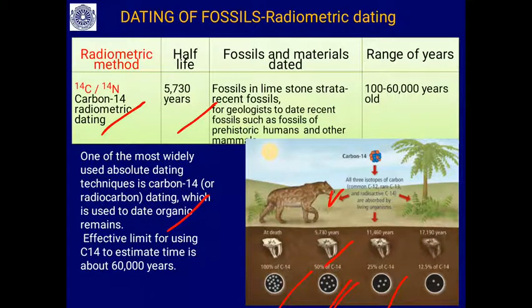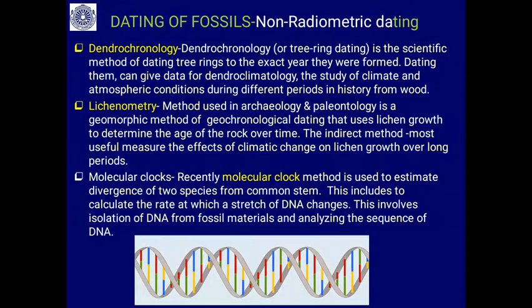This is the effective limit: we can effectively date back 60,000 years, but older fossils cannot be estimated exactly. That is why this radiometric method is used for recent fossils. So this is about the radiometric method.